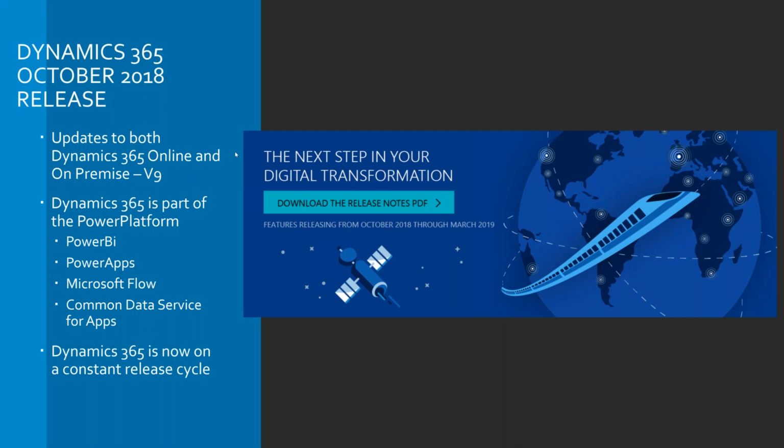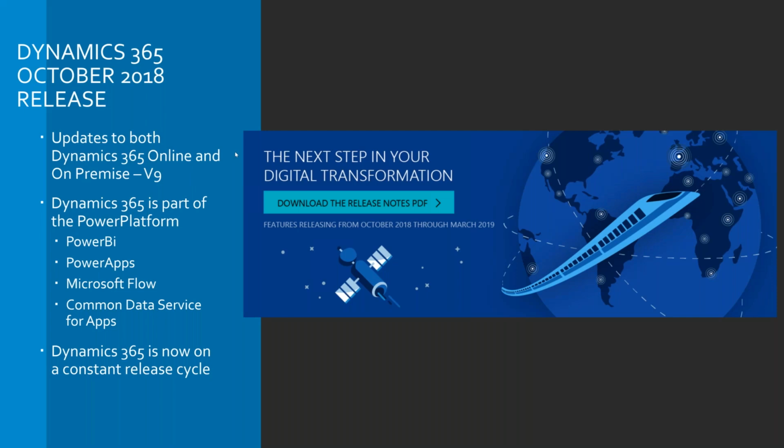So one of the changes that has happened with the recent October 2018 release and getting all of the existing customers on the online platform to version 9.0 is that Microsoft's Dynamics 365 is now going to have a constant release cycle where updates are going to be made throughout the year to your platform, sometimes without you knowing about it.